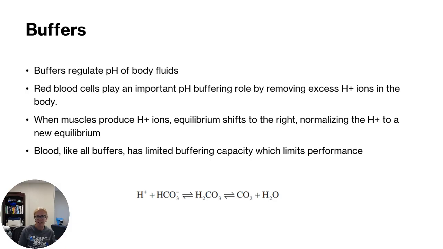An example of how this could happen: your muscles produce hydrogen ions during extreme exercise. Let's say that you're sprinting, your body is going to produce hydrogen ions as a result of chemical reactions that are happening. You see an equation down there. The bicarbonate is the H2CO3 in the middle.